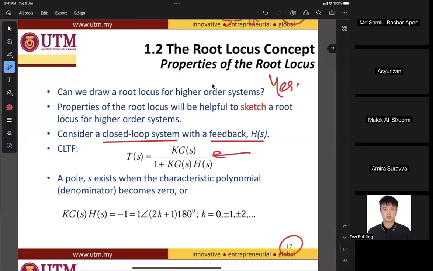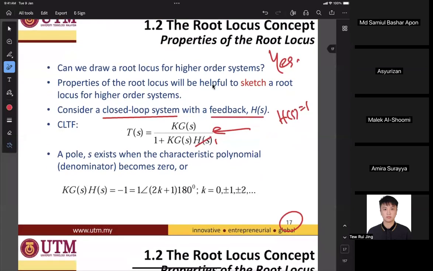If H(s) is equal to 1, meaning there is no sensor, you just replace it with 1. A pole s exists when the characteristic polynomial becomes 0.